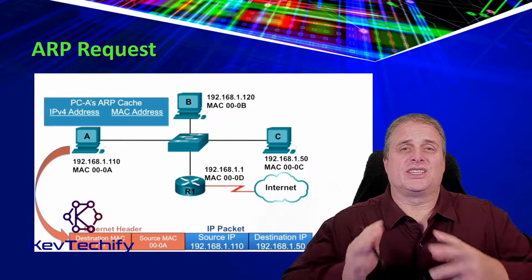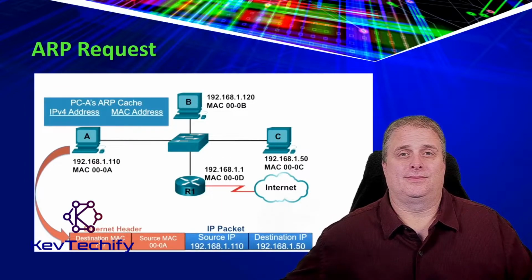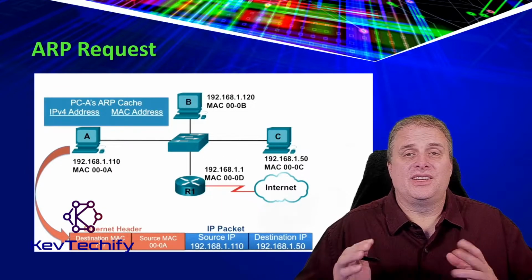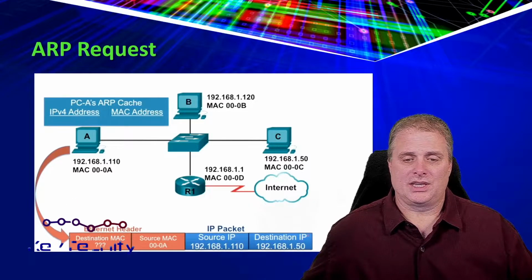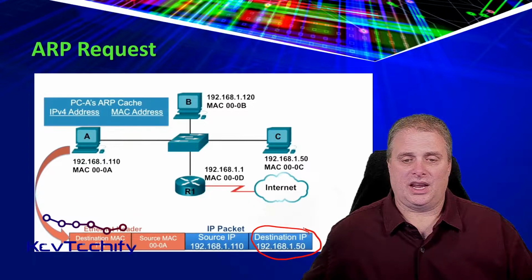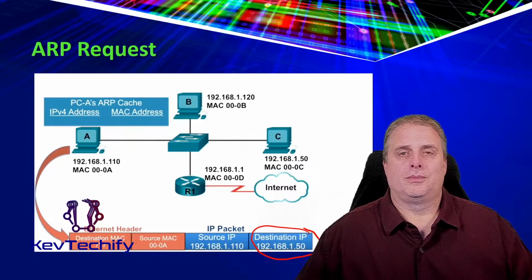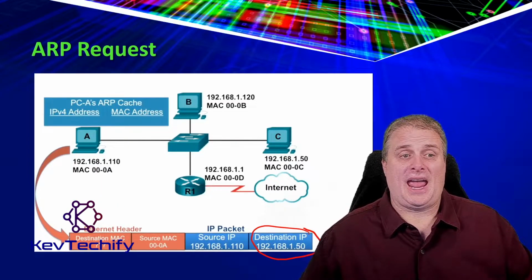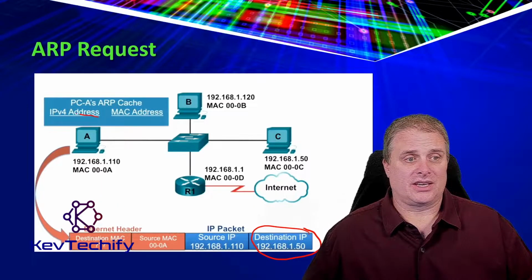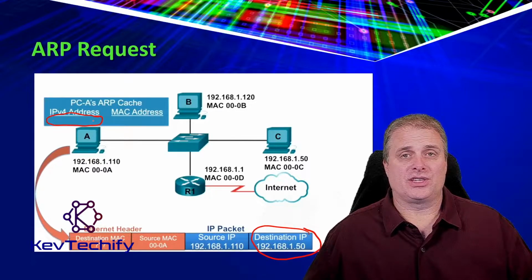PCA checks its ARP cache for the destination IP address, once again, 192.168.1.50. The ARP cache doesn't show that IP address here.